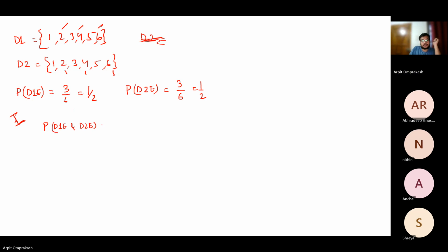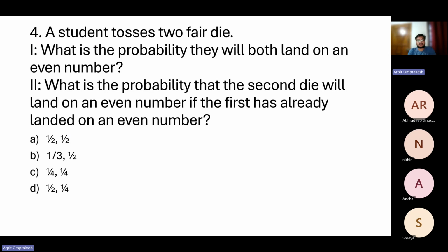Now, whatever number comes out in die 1 does not affect whatever number comes out in die 2, because they are two independent events, since they are two fair dice.